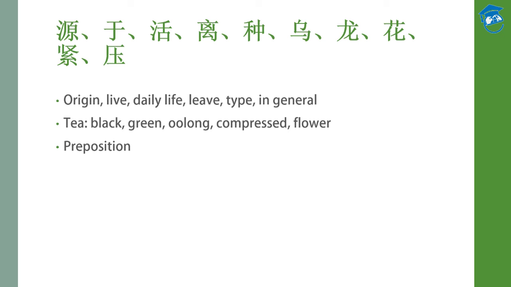And you have learned also one important preposition, which is quite generally used in locations and destinations, so it can be used to replace at, 在 or from, 自. Okay, so tea, you have learned a few types of new tea. So they are the black tea, green tea, oolong tea, compressed tea, and flower tea.